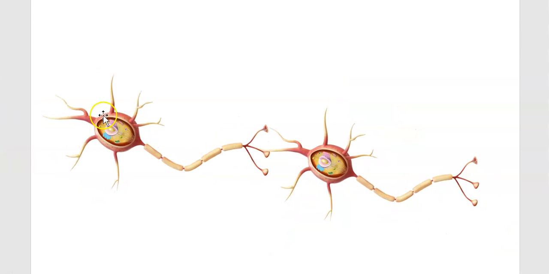If we're talking about neural communication, suppose there's another neighboring neuron somewhere over here. The axon terminals and dendrite of this neuron right here form a synapse, and the stimulus flows down the axon, reaches this terminal ending, and the dendrites of this neuron form a synapse once again.